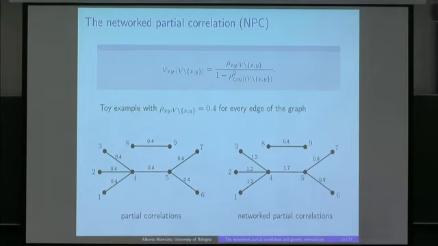And so we thought that this quantity might be more suitable in the case, for instance, of genetic interactions, because in a genetic interaction, it is necessary that the two genes have a positive association, in the sense that we want positive partial correlation. So we want positive network partial correlation, essentially.